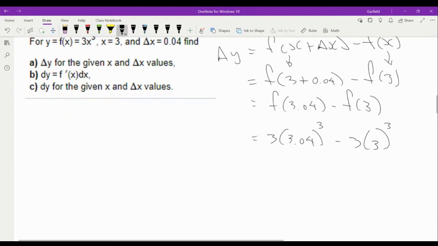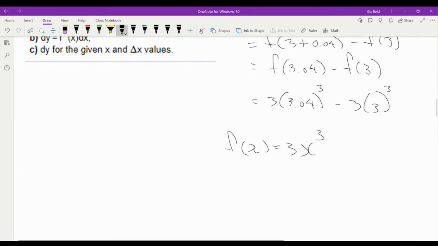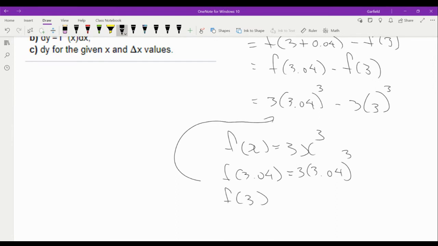So here's our function, f of x is equal to 3x cubed, right? We're evaluating it with 3.04. So this becomes 3 times 3.04 cubed, which is what we're doing here. And we're also evaluating it with just 3.